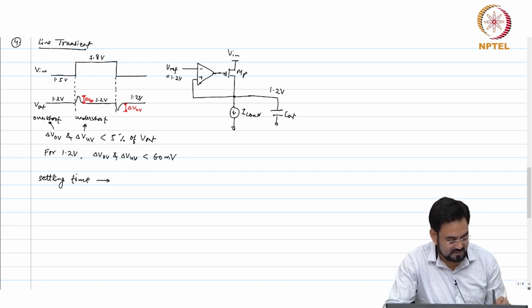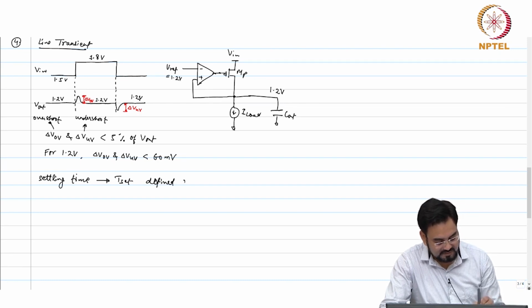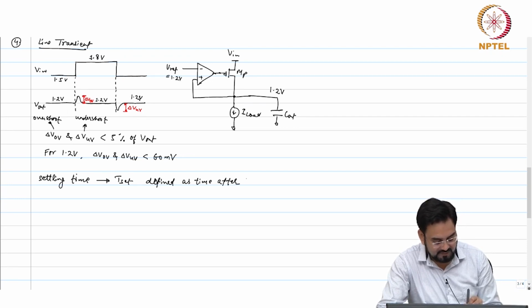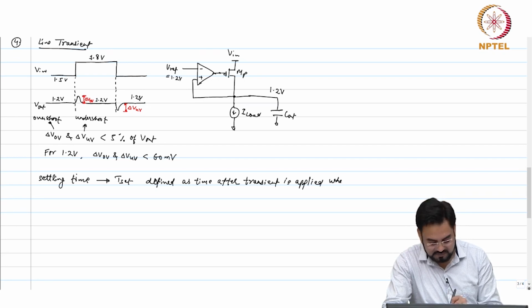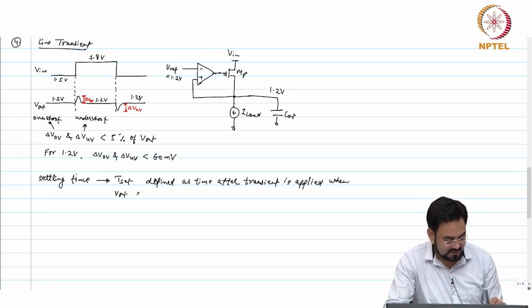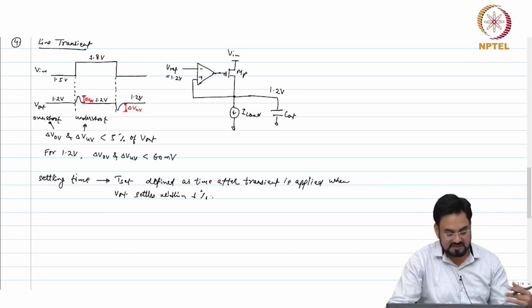Which means T settling is defined as the time after the transient is applied when V out settles within 1%, okay, of the desired voltage.